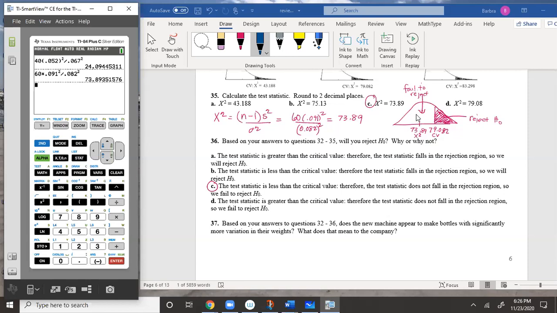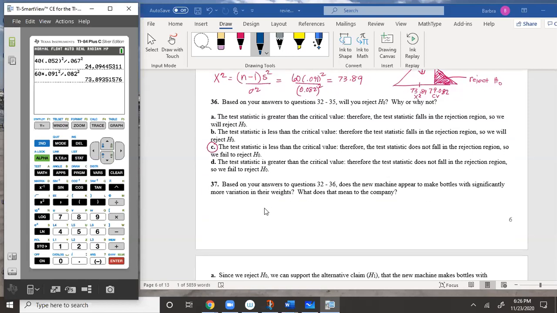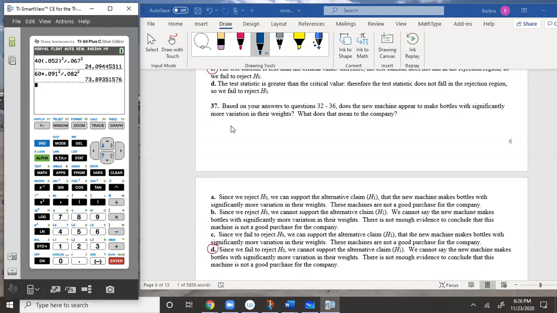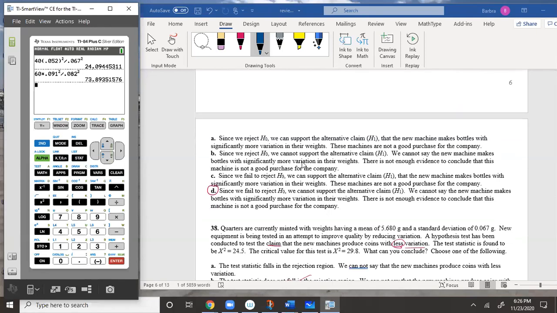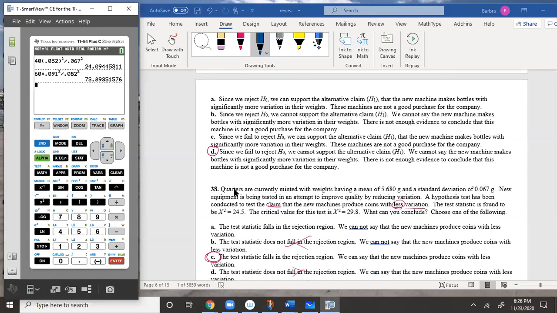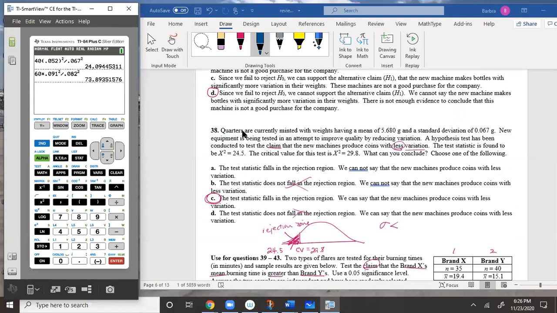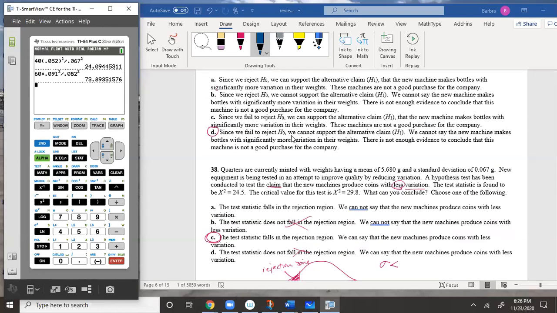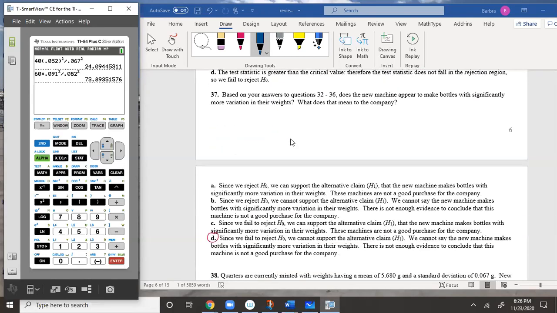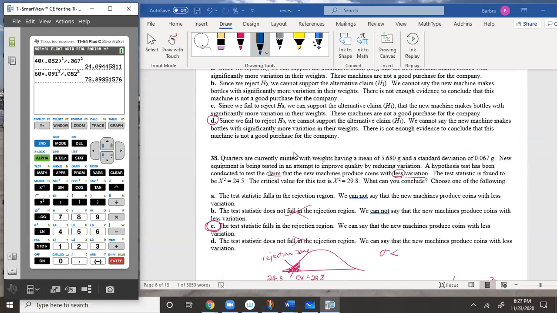So we fail to reject the null, and C is the correct answer for 36. And 37, since we failed to reject the null, we cannot support the alternative claim. So D is the correct answer here. I think that was it for questions 32 through 37. Okay, so that grouping is done.